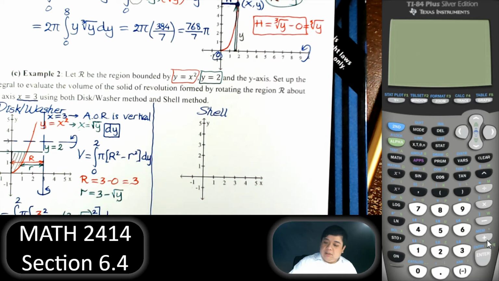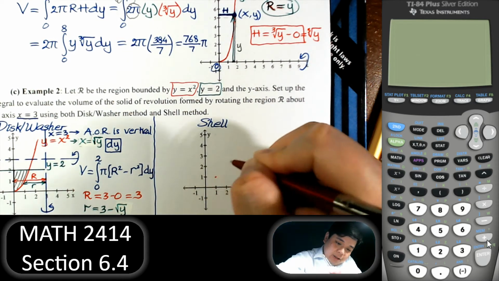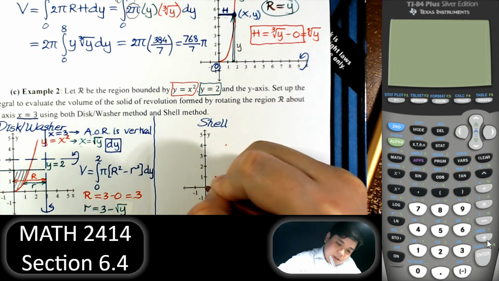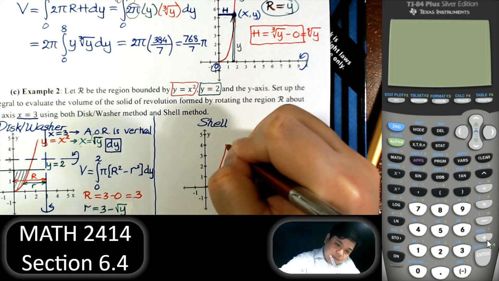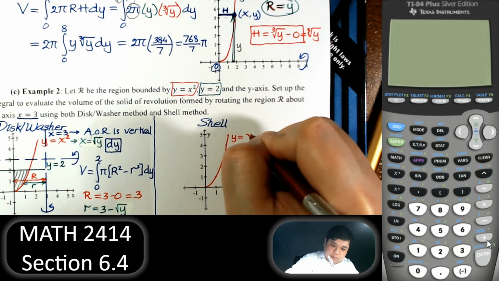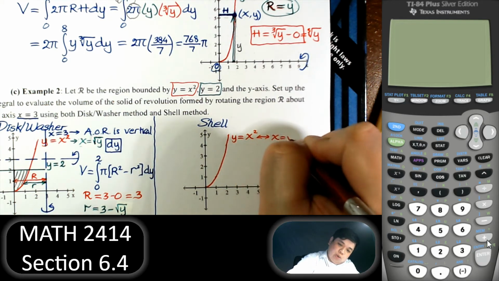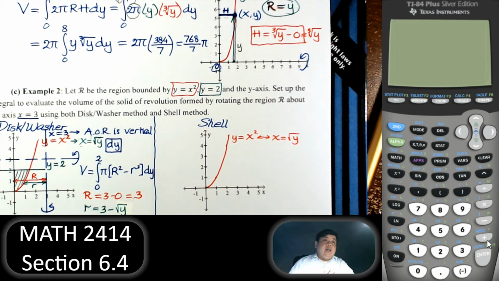Right, shell method. First I will draw this again. Y equal to x squared, or of course equivalently x equal to square root of y. So actually we don't know if it is x or y, so usually if we have a function, just do both. X equals something in y and y equals something in x.